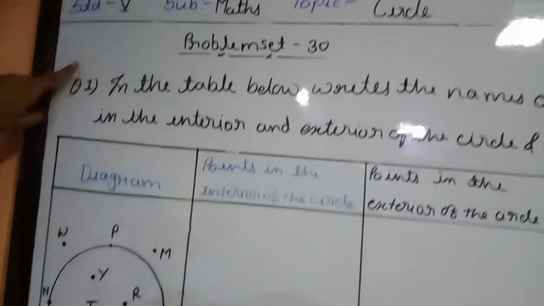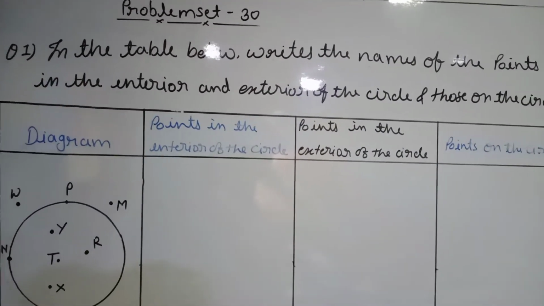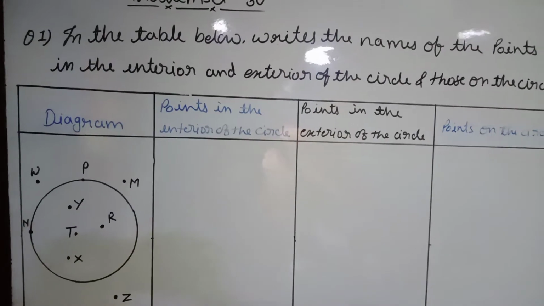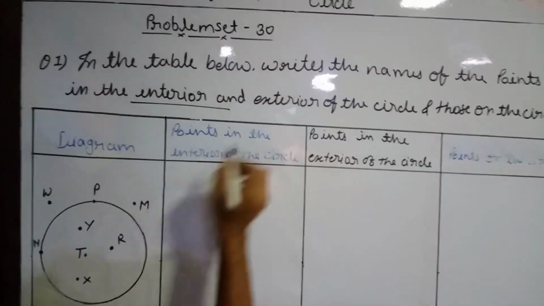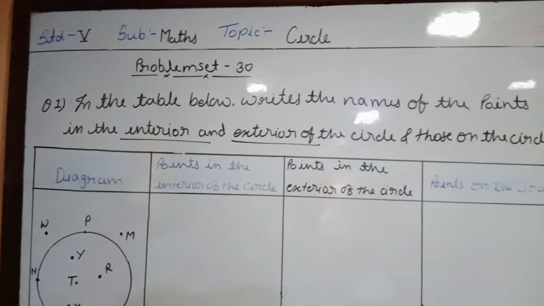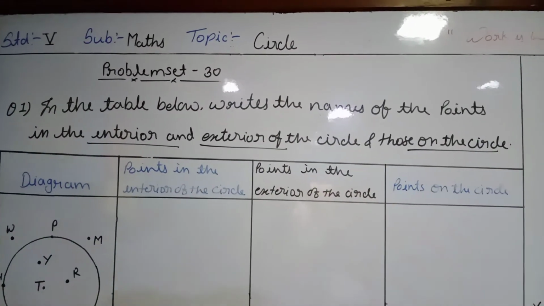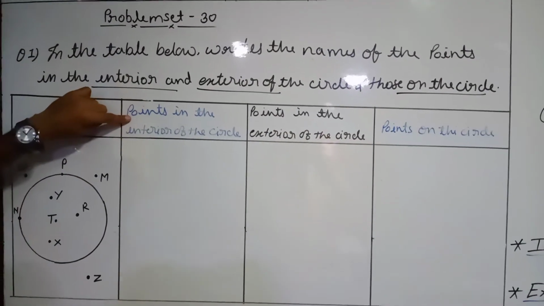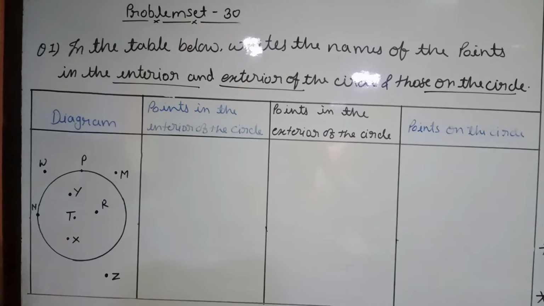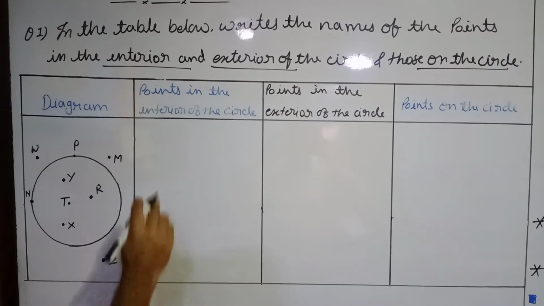You can see over here in the table below, write the names of the points in the interior and exterior of the circle. We have the interior as well as the exterior of the circle and those on the circle. So let's see. The first column has the diagram, the same way as we did in the activities.